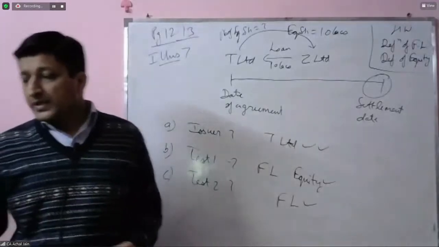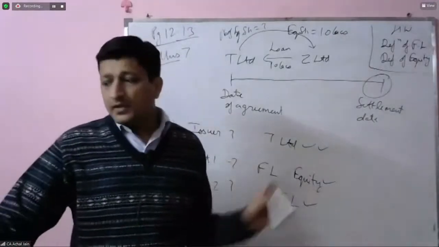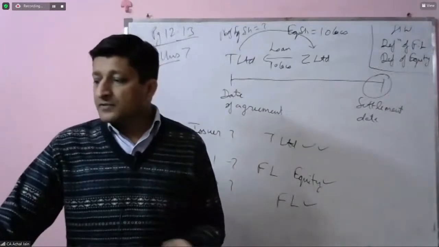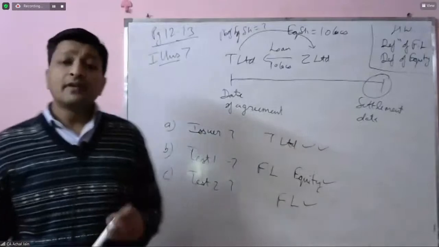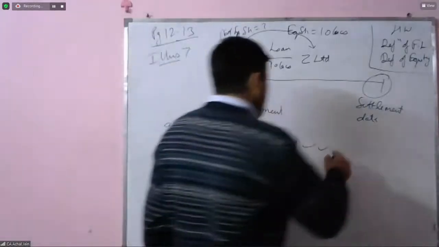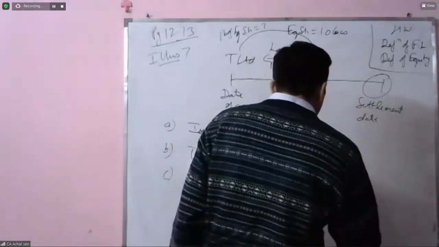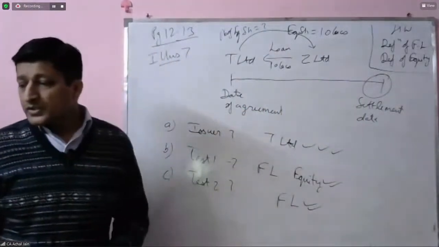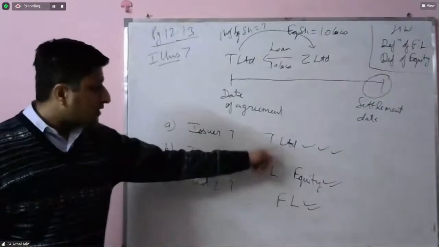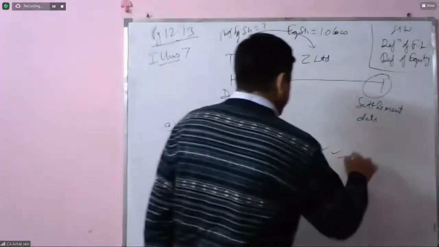You need to respond. Now, Preeti is saying issuer is T limited. Very good. And test 1 is equity. Test 2, she's saying it will become a financial liability. Same response which Kaustav has shared is what Preeti agrees with. Rohit is also talking about the same answer. Okay, great.